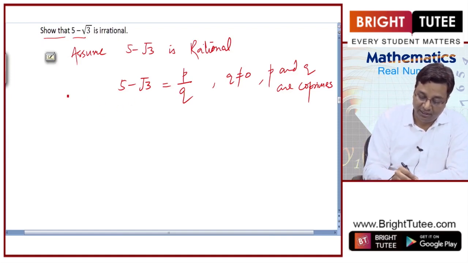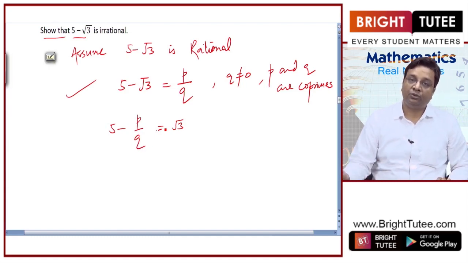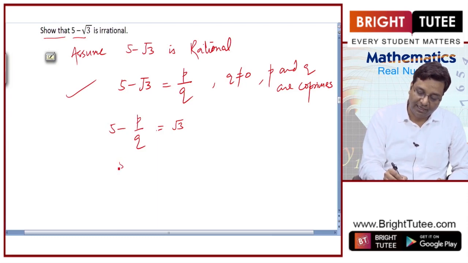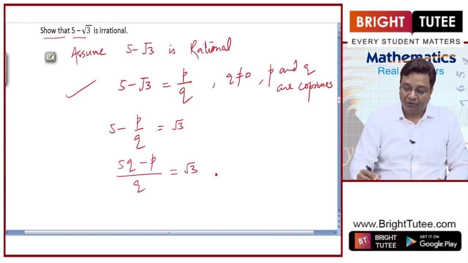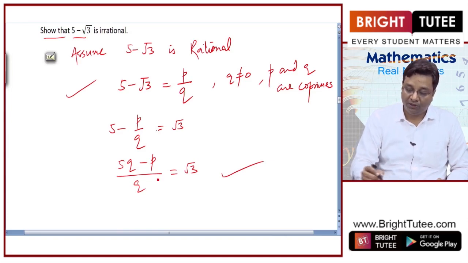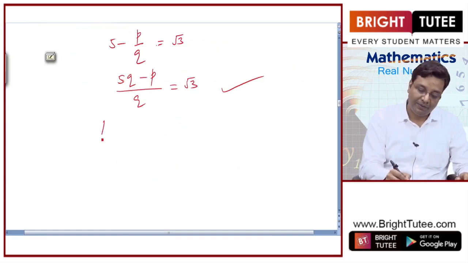Now in the next step, I can say, if I take root 3 on the right hand side, 5 minus P by Q is equal to root 3. So further I can say 5Q minus P divided by Q is equal to root 3. From this equation, you should notice that Q is not equal to 0, and Q and P are integers.